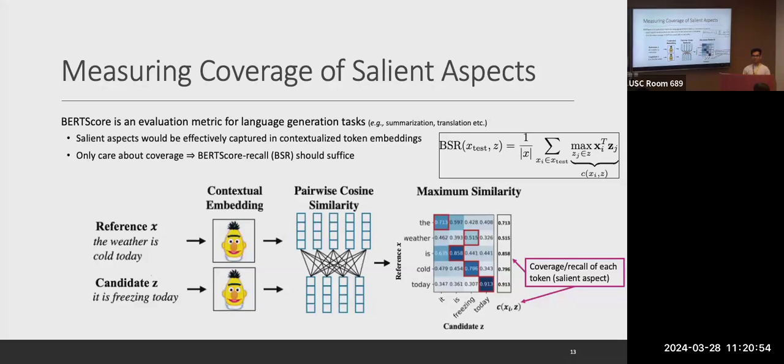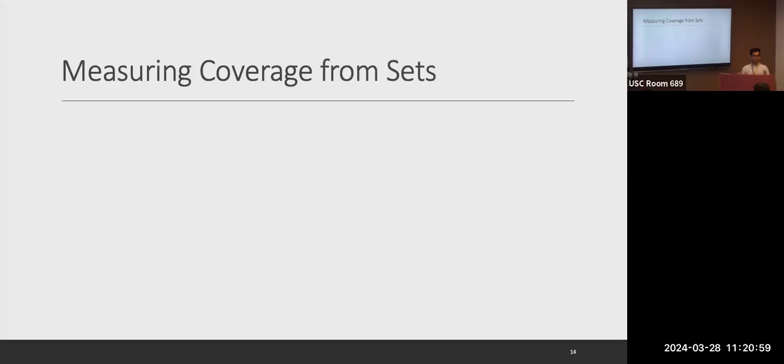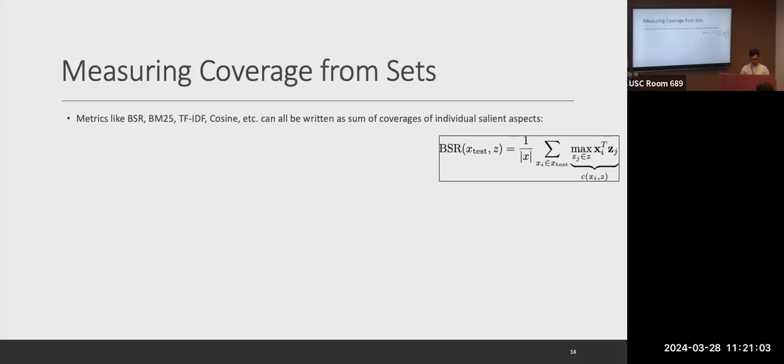Okay, so we have a method to evaluate individual instances. How do we do it for entire sets of instances? First thing to note, the metric I described earlier is a sum of some metric for individual tokens of the test input.